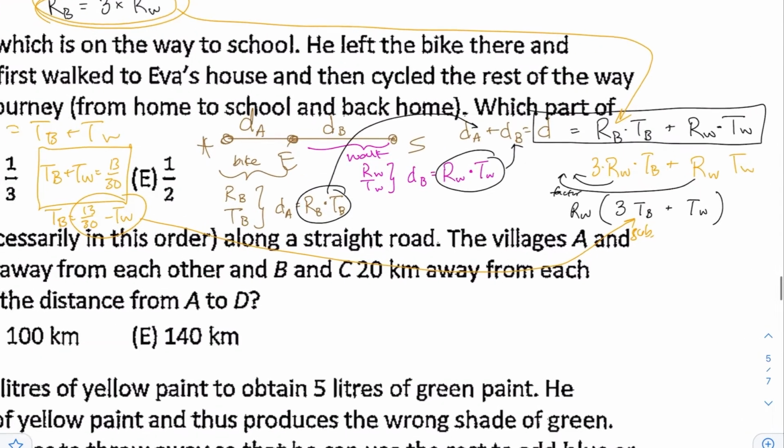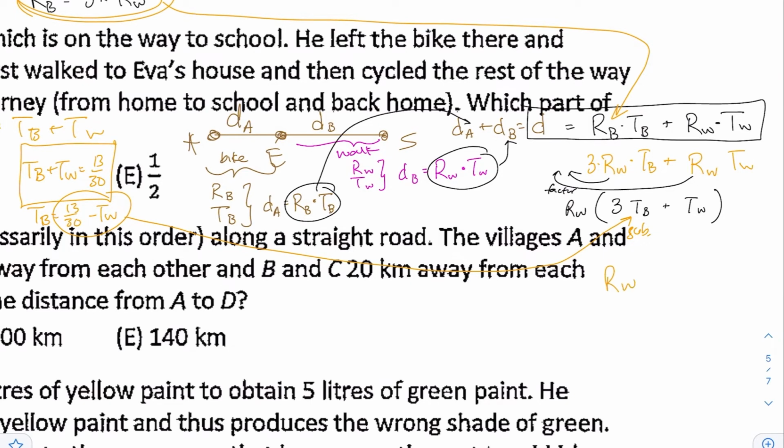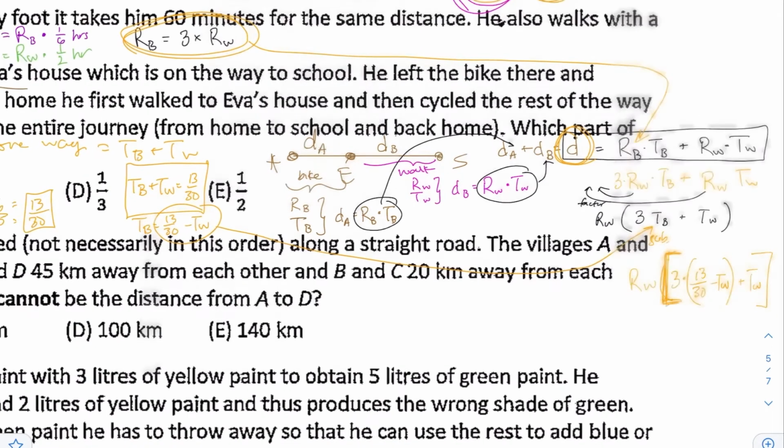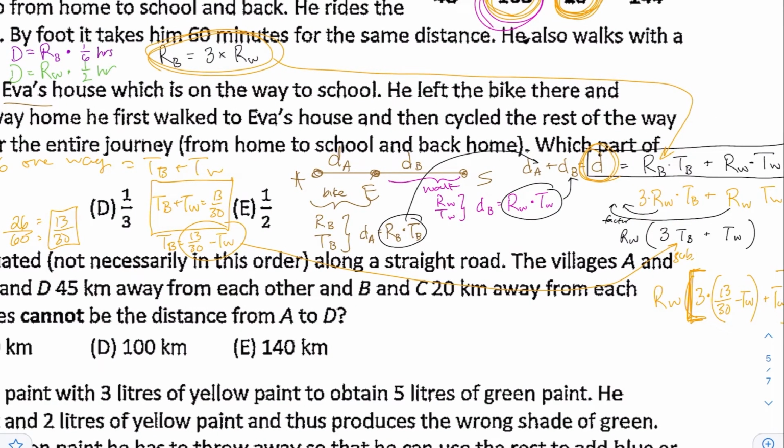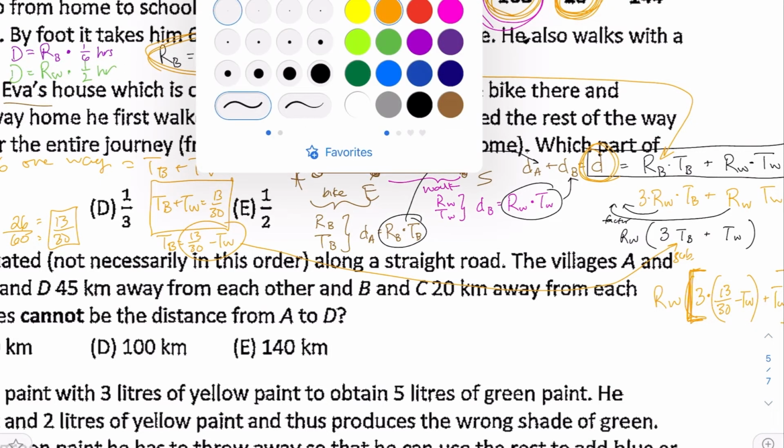And once you substitute that in, you have the walking speed times 3 times 13 over 30 minus TW, you're adding TW. And this would represent the distance. And from here, we have everything in terms of RW and TW. So we also have distance in terms of RW over here. So this will be the other thing that you substitute in.